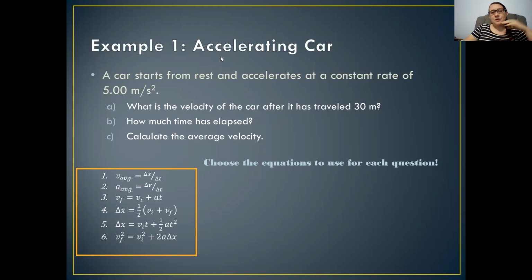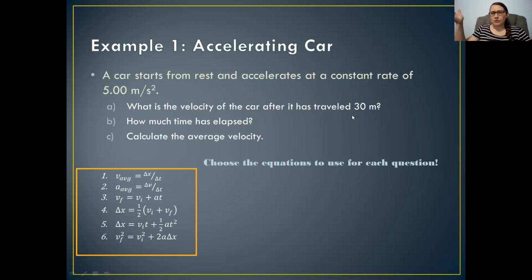Okay. We know it's an acceleration at a constant rate. So that means the whole problem, our acceleration is going to be 5 meters per second squared. And that's positive in this case. If we want to know what the velocity of the car is after it has traveled 30 meters, well, here 30 meters is our displacement, or our delta x.